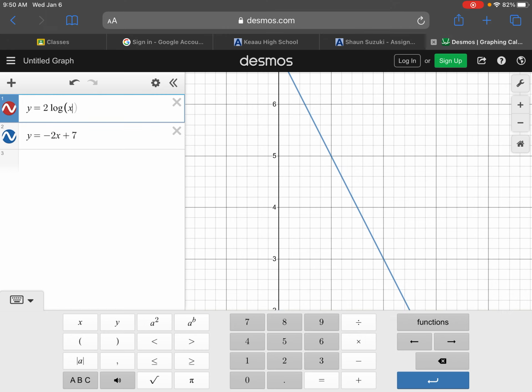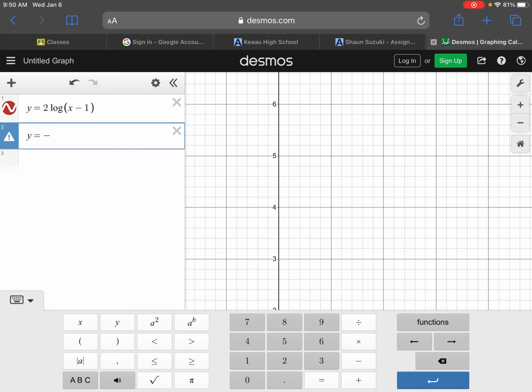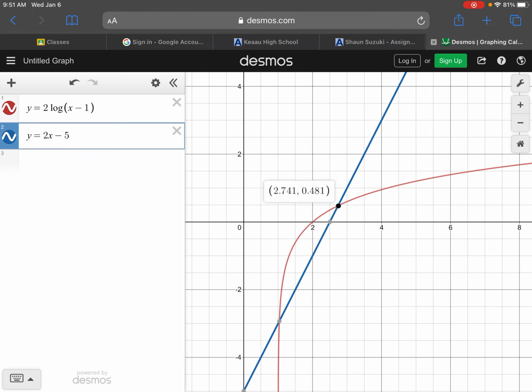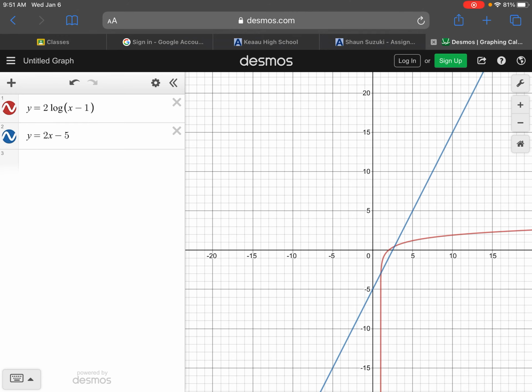Log x minus 1, and then the second one is 2x minus 5. Okay, and then we're gonna have to find where they intersect. Oh, these intersect at two places, right? So you can put 2.7410481, or you could also put 1.034 and negative 2.932. So those would be your two acceptable answers, and then you'd be done.